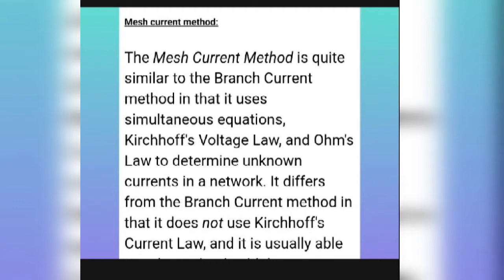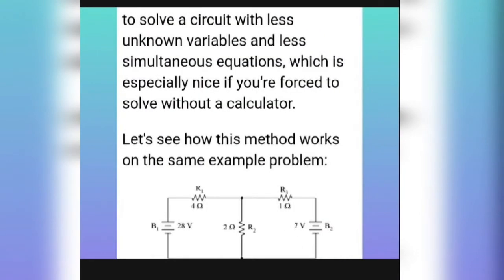It differs from the branch current method in that it does not use Kirchhoff's current law, and it is usually able to solve the circuit with fewer unknown variables and less symmetrical equations, which is especially nice if you are forced to solve without a calculator. Let's see how the method works on the same example problem.